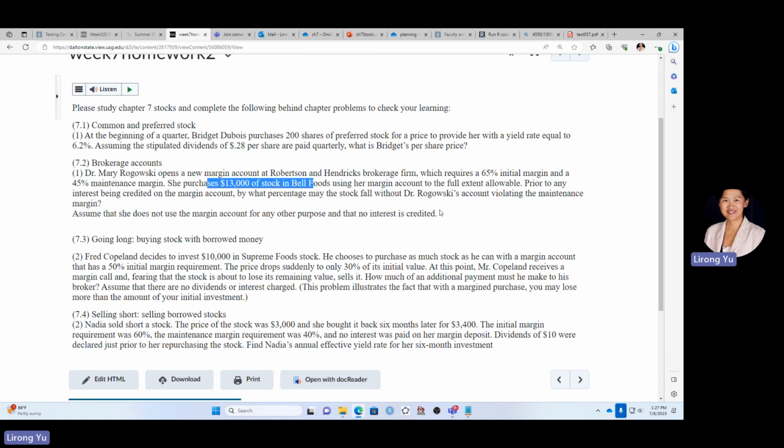In order to maintain the account, it says here you have to keep 45% of the maintenance margin, and this is 45% of the market price. So you will receive a margin call if the balance in your margin account is lower than the 45% maintenance margin.